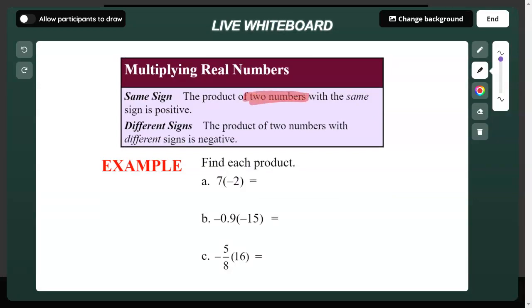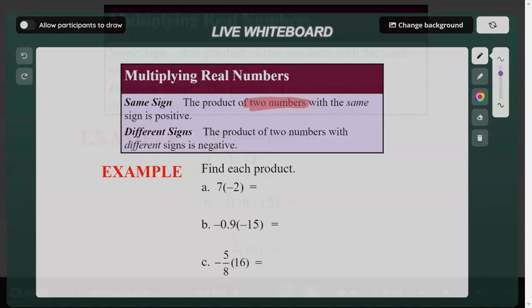If you have three numbers being multiplied or divided, then you need to apply that rule with each and every step. Okay? So the product of two numbers with the same sign is positive. The quotient of two numbers with different signs is going to be negative. But what if I had three numbers? Well, we'll deal with that one in a minute.